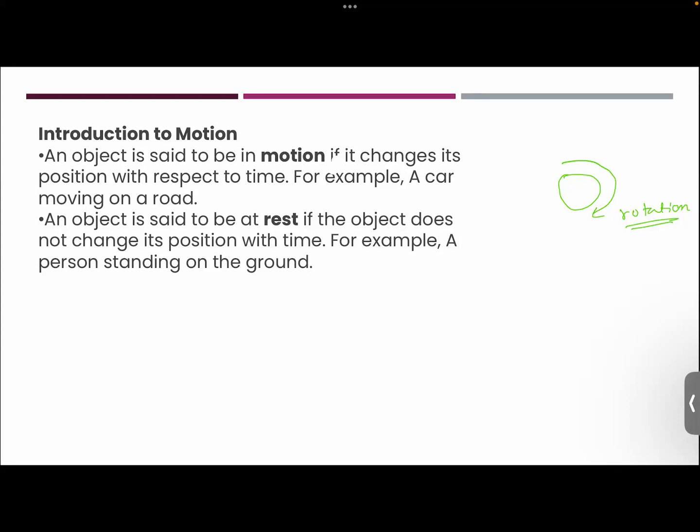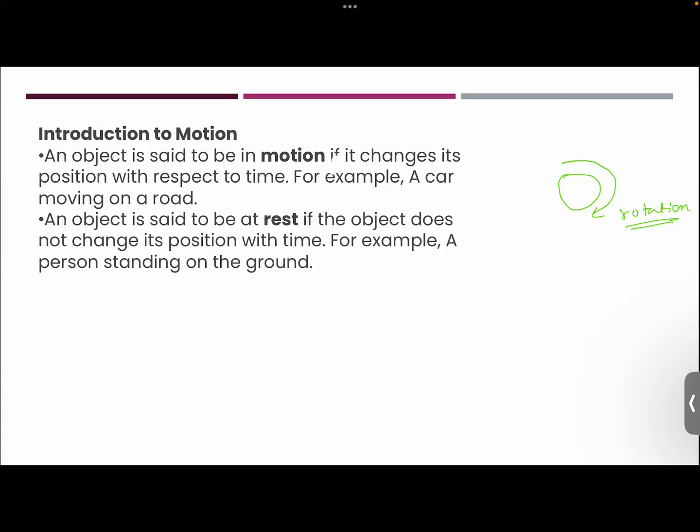If you consider your position and mine right now, we are in a stationary position. Let's say the class is for an hour, and you and I are both going to be sitting at the same position. So even when 1 hour passes, our position with respect to time is going to be the same, isn't it?